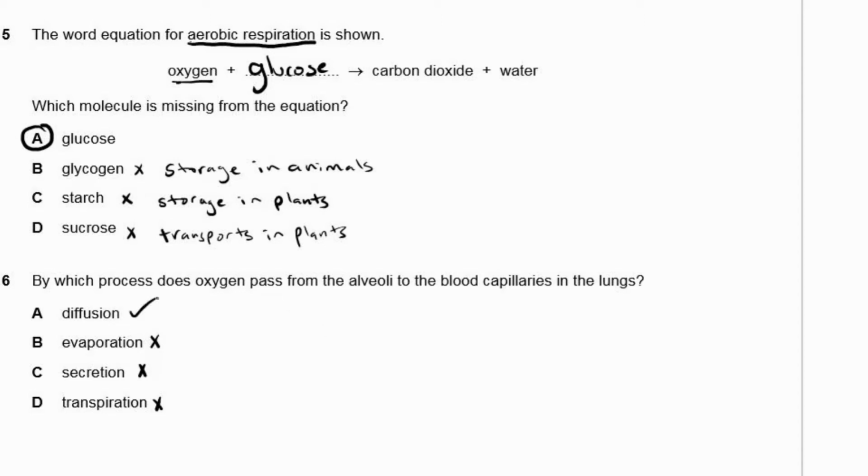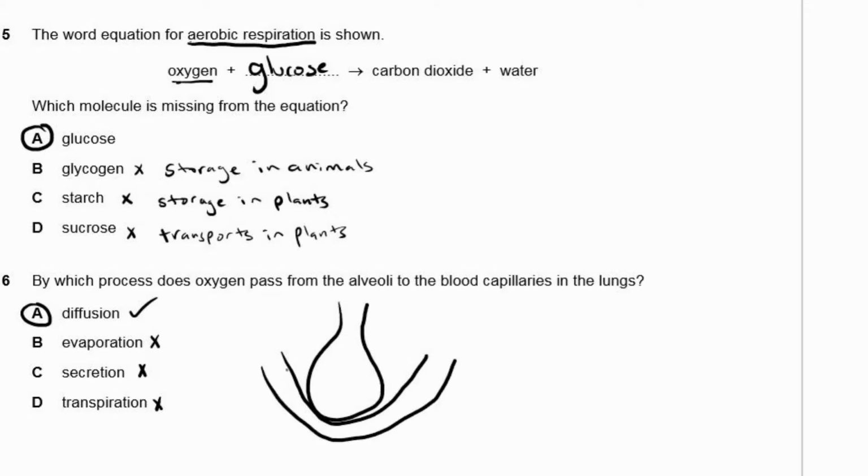Okay, it's diffusion. A. So we have our little alveoli or air sacs, and we have our capillaries going really close, and we have our blood cells taking up pretty much the entire capillary, and they should all be the same size and they should be biconcave, but that's not the point here.